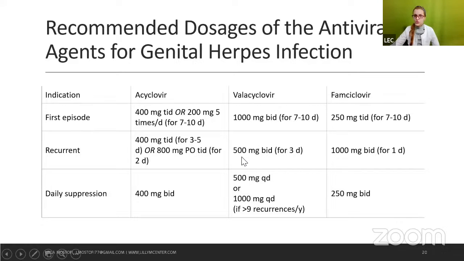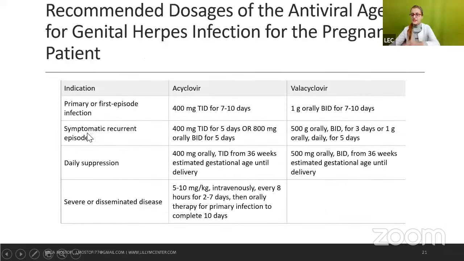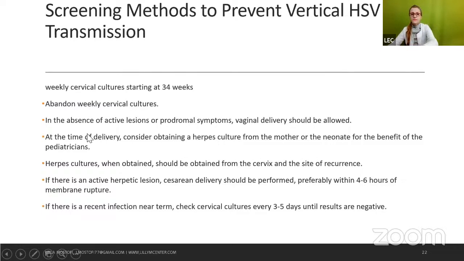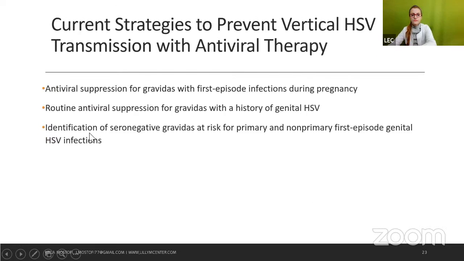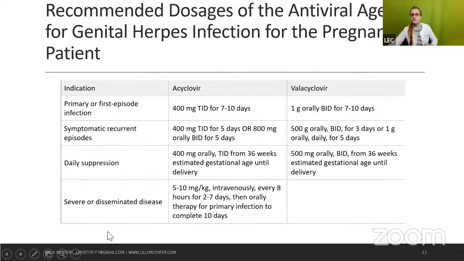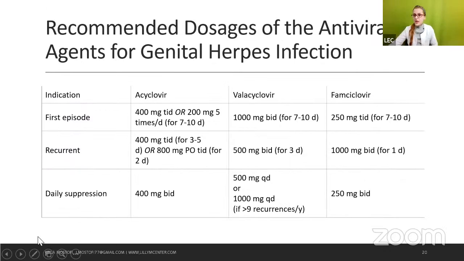Valacyclovir can be administered as 500 milligrams BID for 3 days, and we can use famciclovir 1000 milligrams BID. And if you want to continue treatment for daily suppression, acyclovir is 400 milligrams BID.